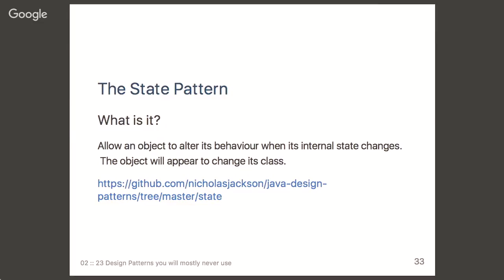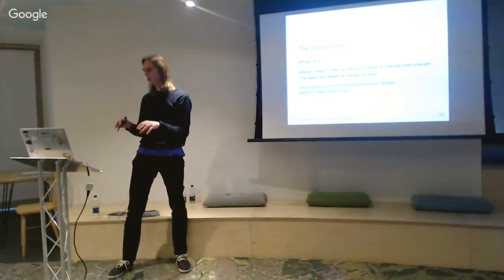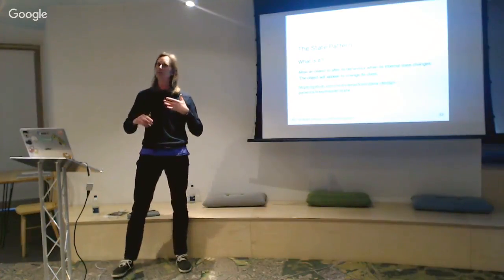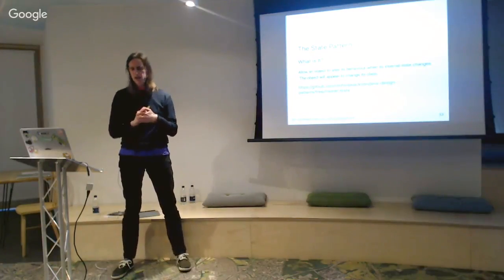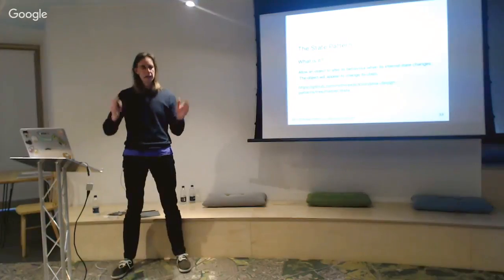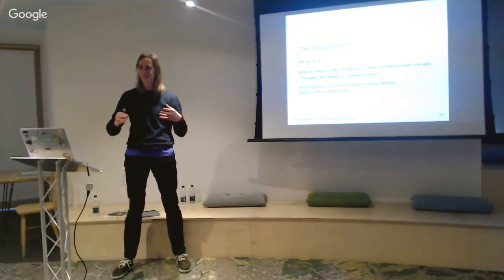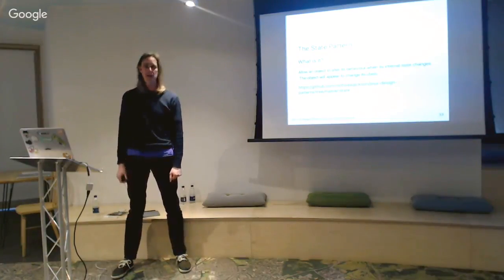So the state pattern. So basically what the state pattern's all about, and I wasn't sure whether I should put this into the half that you should use or the half that you shouldn't use. But for example, let's think you've got a class, and the class is, I'm thinking of an example off the cuff here, asking me, am I happy?